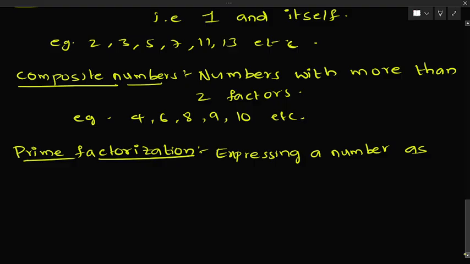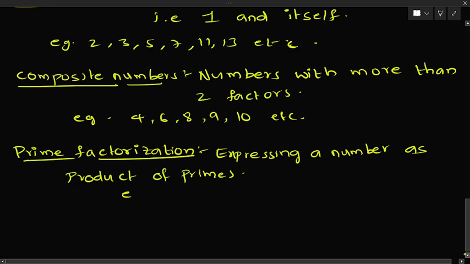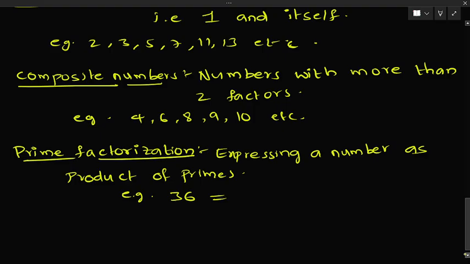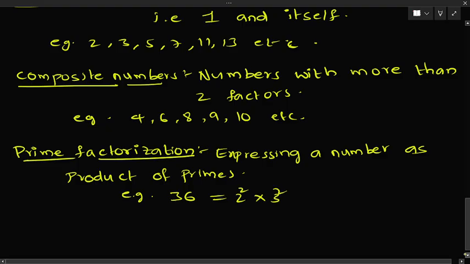For example, 36. 36 is written in the form of 2 square into 3 square. So here 2 square is 4, 3 square is 9, 4 9s are 36. Hence 2 and 3 are prime numbers. So 36 is expressed in the form of a product of prime numbers.